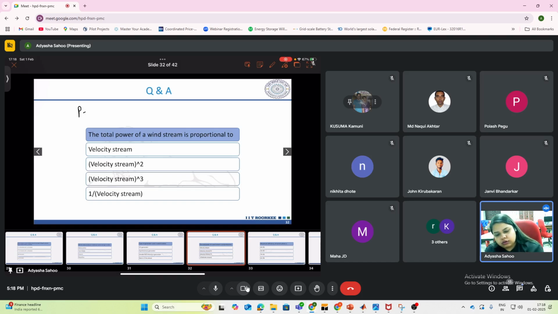So the power is basically one half rho A V cube. So rho was basically air density, A is the area swept by the blades, and V is the velocity of the wind. So there's V cube.